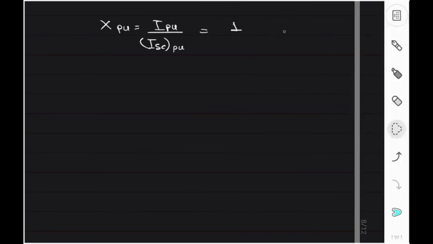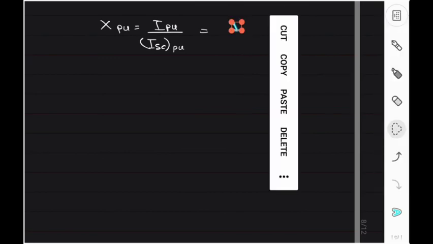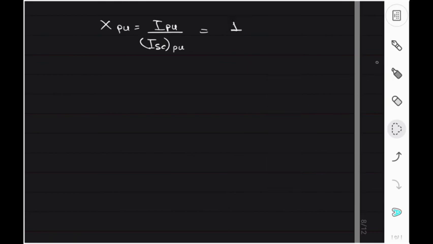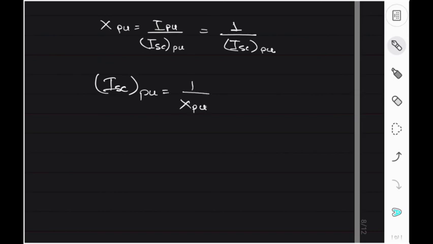Now this will be 1 divided by short circuit current in per unit. We can write short circuit current in per unit as equal to 1 by X per unit.